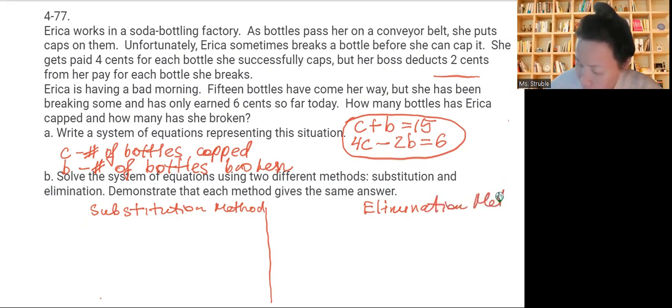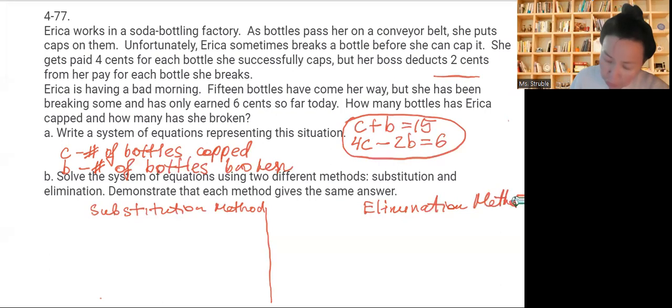So to use the substitution method, we are going to find the value of C from the first equation. So from the first equation, C equals 15 minus B. Now that we know C, we're going to substitute the value of C into the second equation, right?